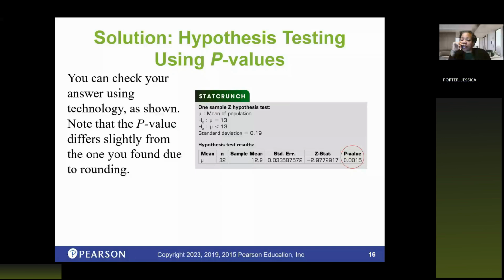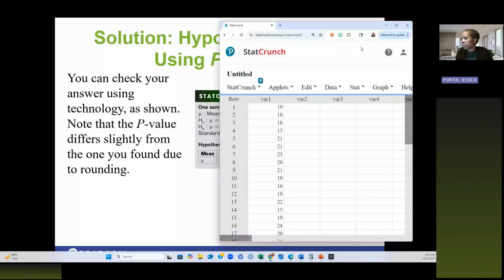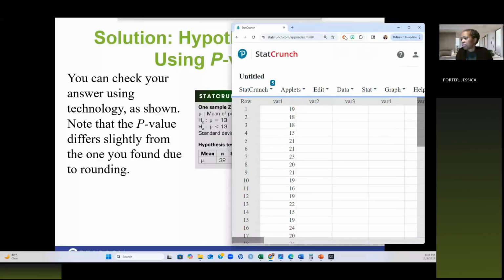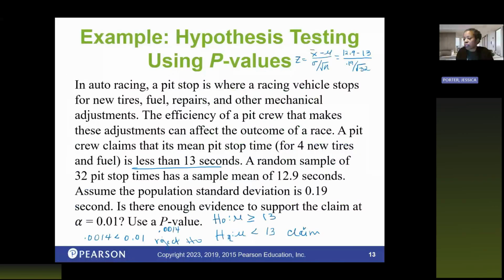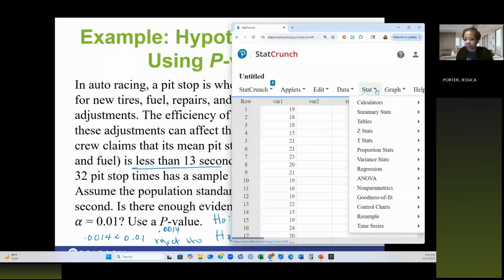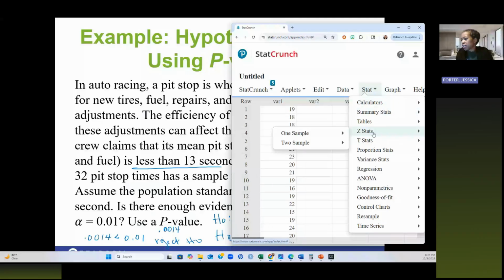StatCrunch. All right. I want to go back to this screen. This one tells us all our answers. Stat, Z stats, one sample with summary.